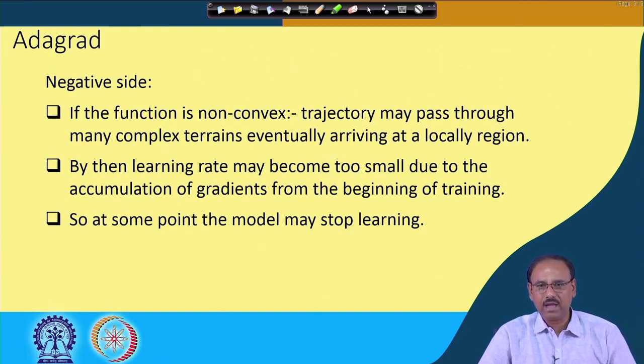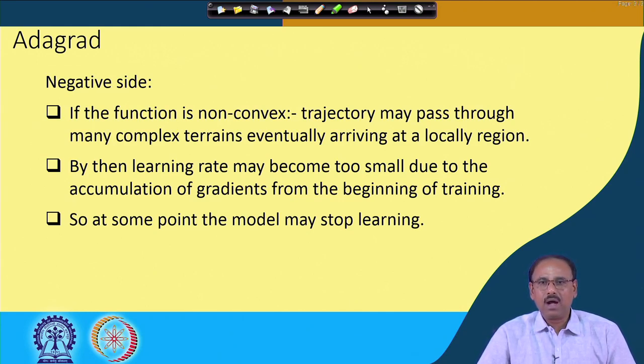It is actually accumulative, and this being a sum of squares, it always goes on increasing, it does not reduce at all. So as the number of iterations proceeds, your scaling factor, that is 1 upon square root of epsilon plus r, will go on increasing, and as a result your learning rate may become very small with time, and in some cases the machine may stop learning at all. So that is the problem of the AdaGrad algorithm.